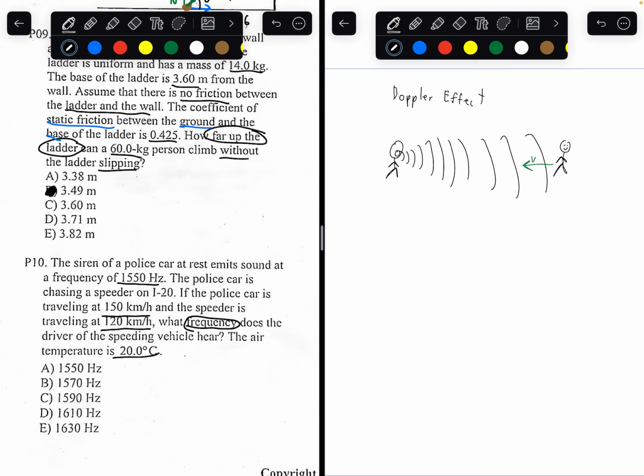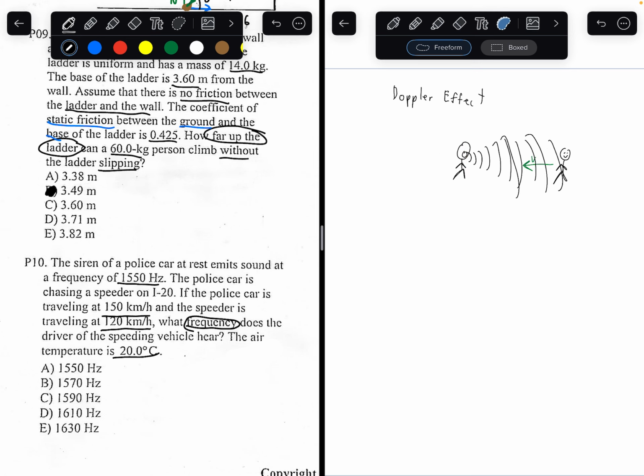And I'll just visually diagram this. So if this is you, you're moving towards the man. See the sound waves? The frequency is much higher. Same thing if the man starts moving to you, the sound waves get much higher.